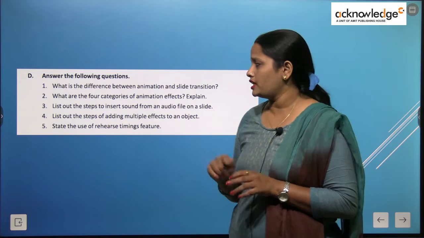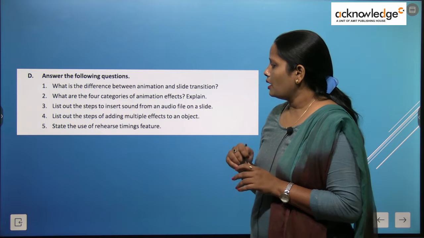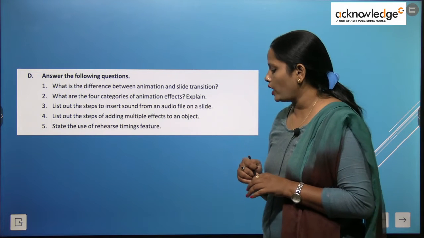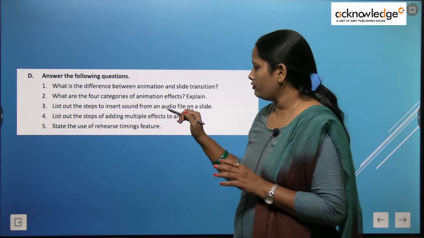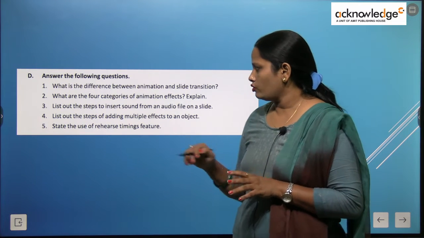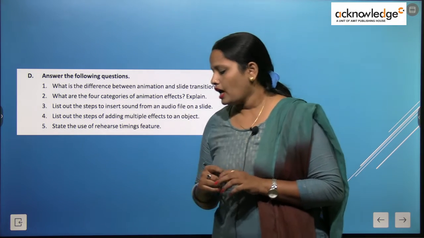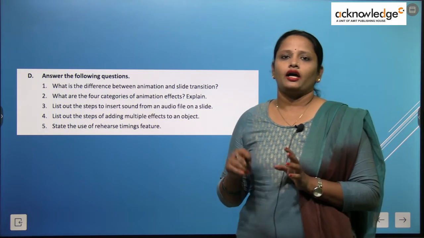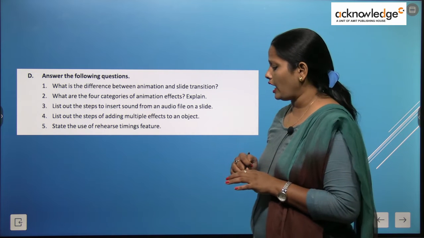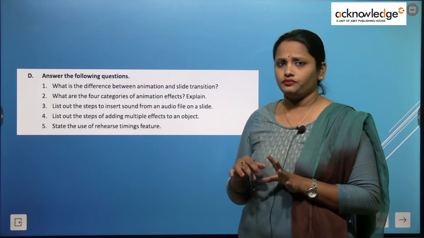Next, 4th question is, list out the steps of adding multiple effects to an object. How can we add multiple effects to the object? So for adding these multiple effects, we have to go to the animations tab, and there we have to click on the add animation option.